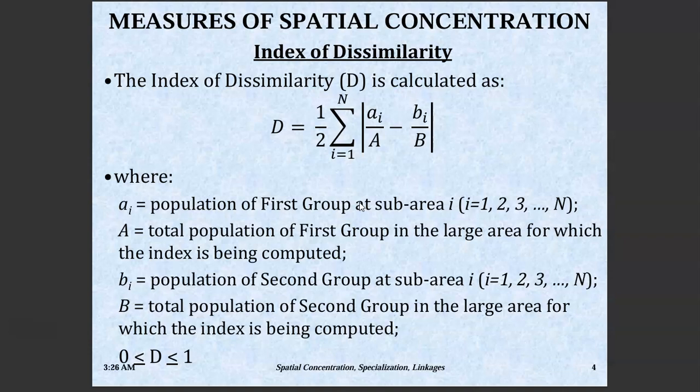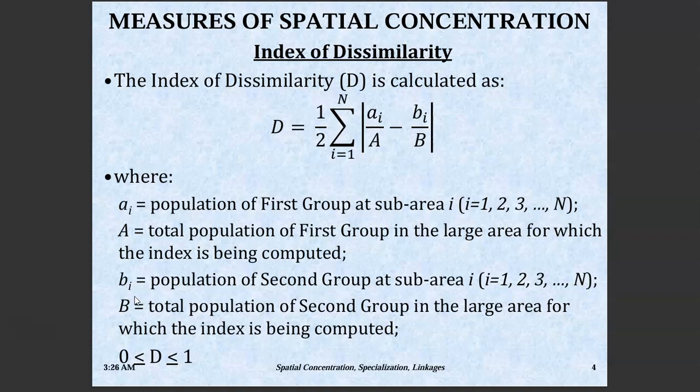If we take the sub-areas, which are the colleges, and the College of Science as college i, what is the population of blacks in that particular area? And when we take the entire university as a whole, what is the population of blacks in the whole university? That will be the capital A. The small a_i is for each of the sub-areas, and the capital A is for the entire community or the entire area. The b_i will be the other group.